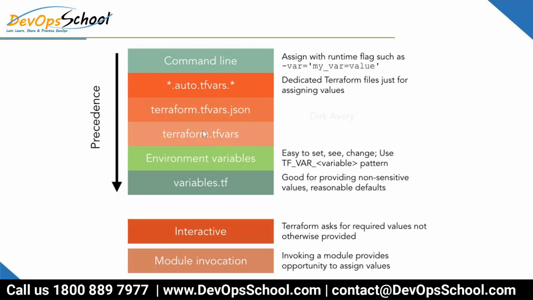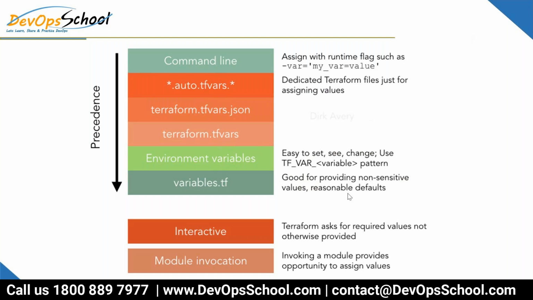Now out of these three, which one is the most frequently used for declaring the values? This one, terraform.tfvars. So whenever you see terraform.tfvars, that means it contains the values for variables. Got it? Now you know what?